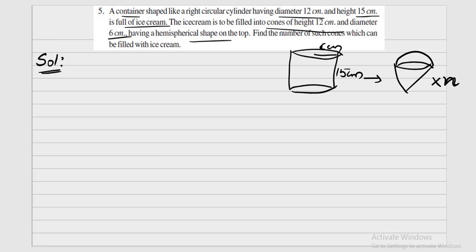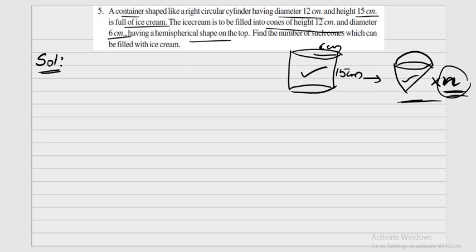How many such cones are formed is given by the following. Here this particular cylinder is not converted into a single shape, so we cannot directly equate it to this particular shape. That's why I am going to fill it into some n number of cones, so I multiply this particular volume with n.